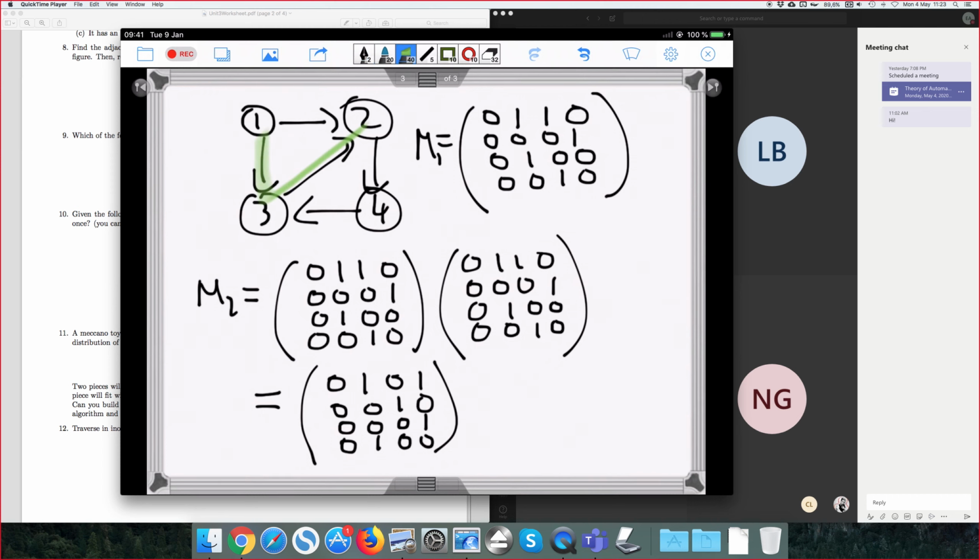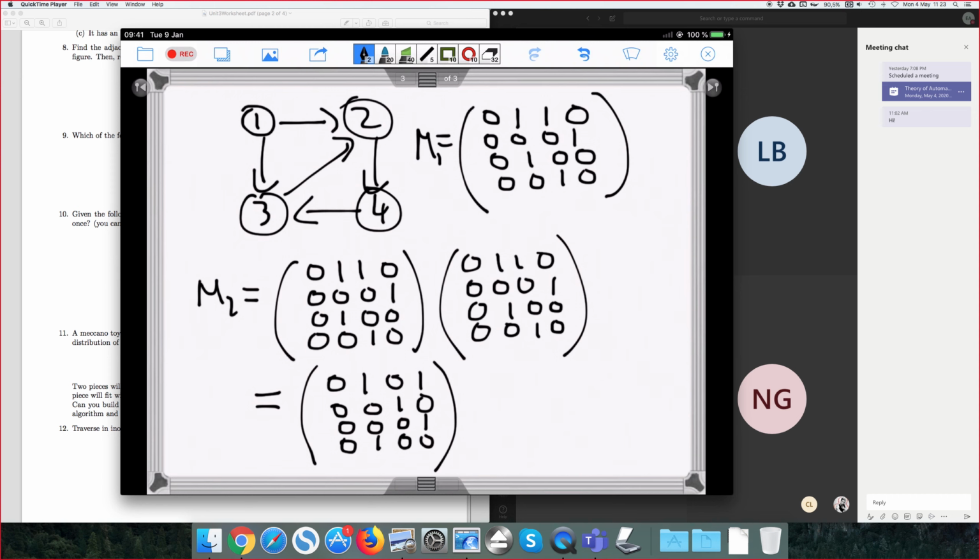This path here. That's why we have a 1 in the second position of the row, and we can also go with this path from 1 to 4. Okay, and so on for all the other elements in the matrix.